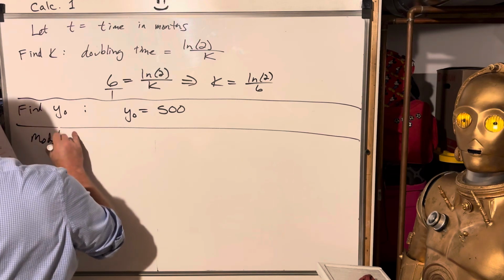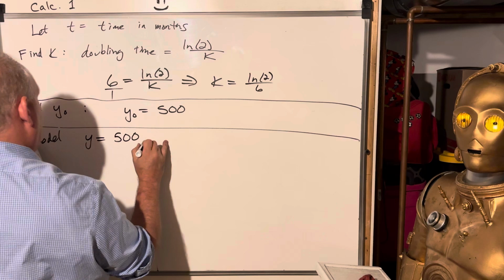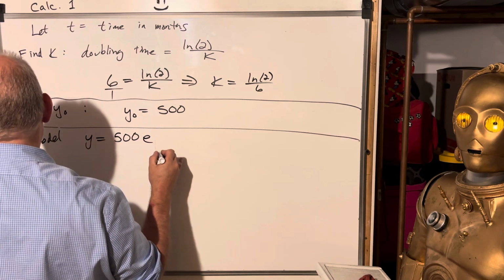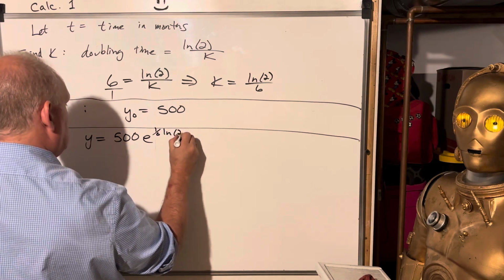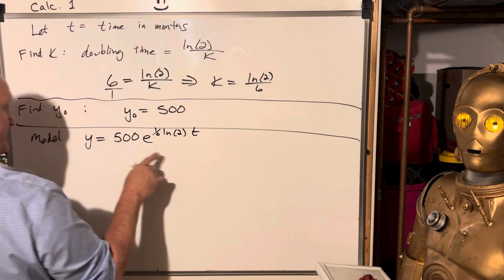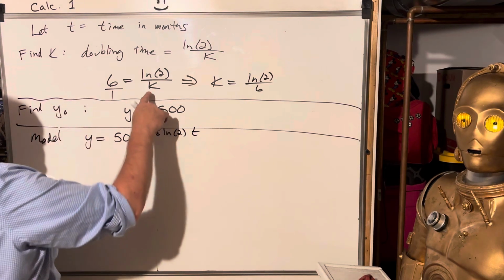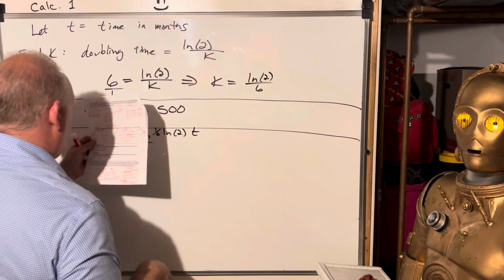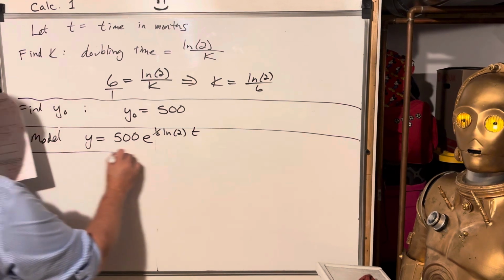So what does our model look like? That is y is equal to 500 e to the 1/6 ln 2 times t. So that's just y equals y naught e to the kt, but we found k based on their doubling time formula. All right, so we're good. That's the model we're going to use.